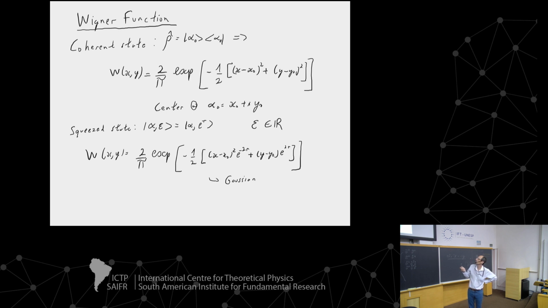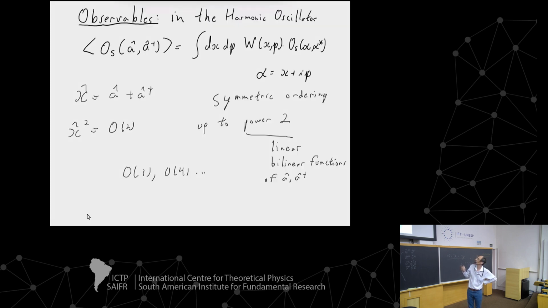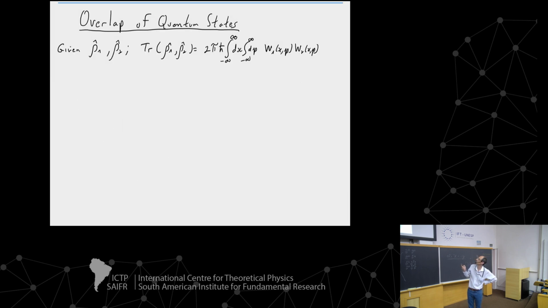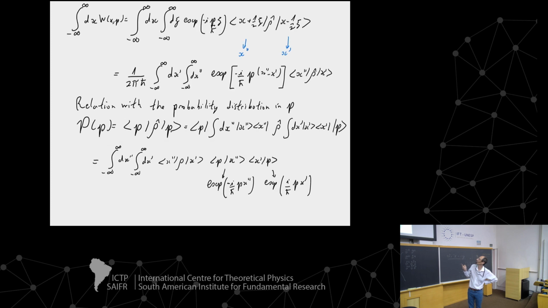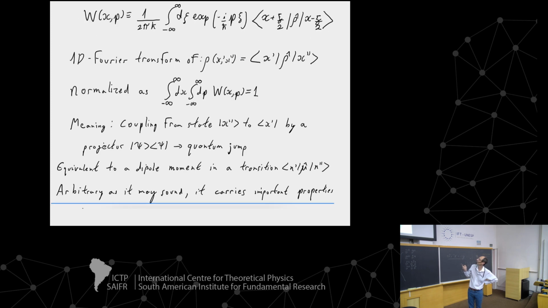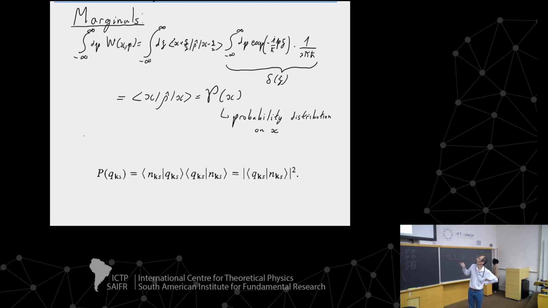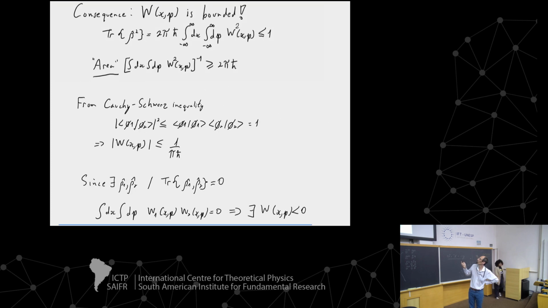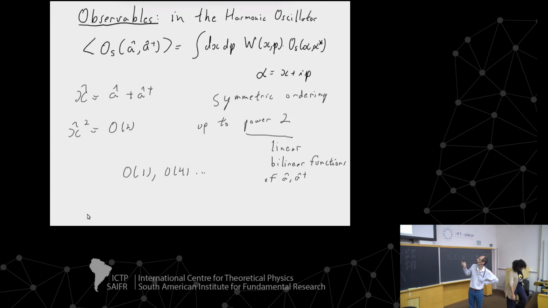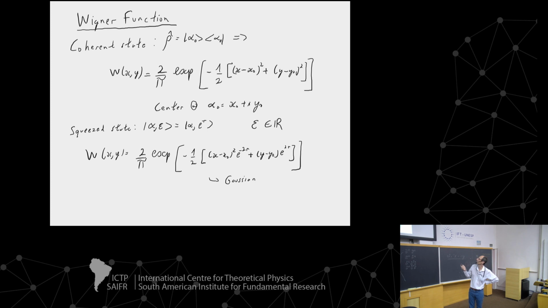So this part here, if you make the calculation for the coherent state, you make that mapping using the definition of the Wigner function. So if you put here your coherent state, what you get in your calculation will be a Gaussian function like this.